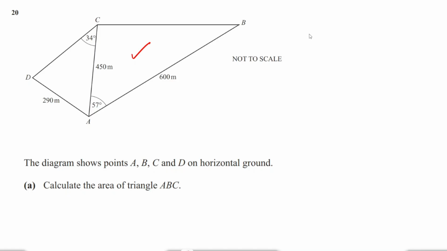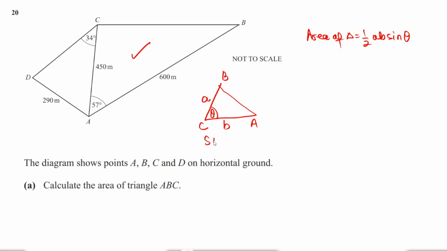So the area of a triangle in trigonometry is given by half AB sine theta. What does it mean? If we have this kind of triangle, and this is B, this is C, and this is A, and this is the angle, which is held by two sides A and B. This is called the SAS pattern, side, then angle, and then side, and then you can use the half AB sine theta formula.